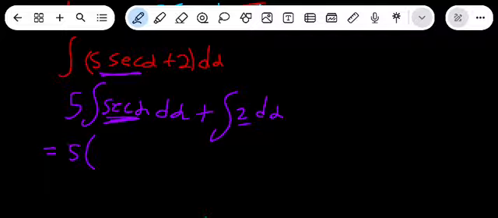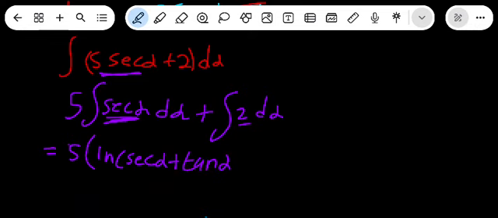So here, the integral of sec alpha will be ln of sec alpha plus tan alpha, right?